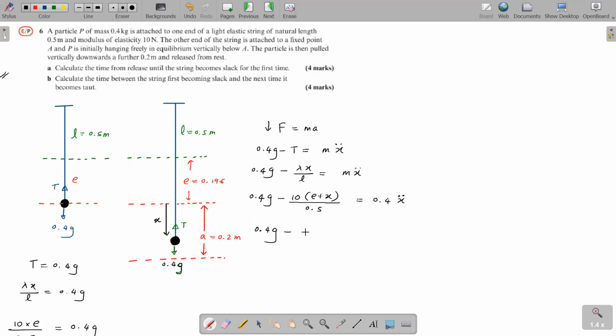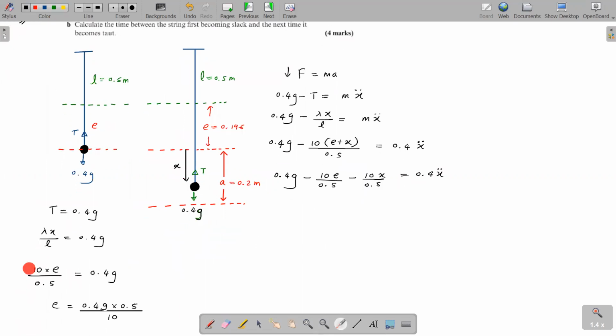So 0.4 g minus 10E over 0.5 minus 10x over 0.5 equals 0.4 x double dot. And then guys, can you see 10E over 0.5 is how much? 10E over 0.5 is actually equal to 0.4 g. Are you with me? So 0.4 g minus 0.4 g minus 10x over 0.5 equals 0.4 into x double dot.